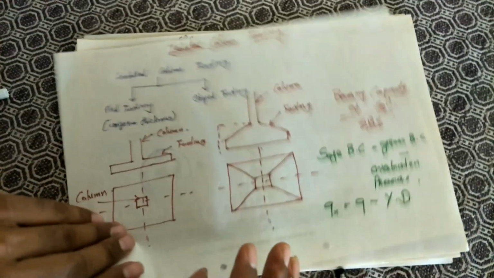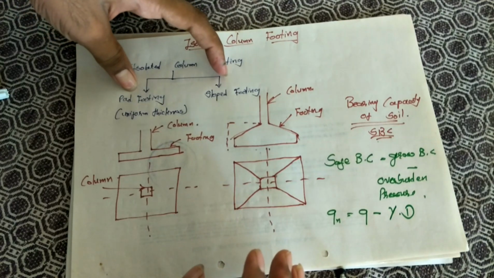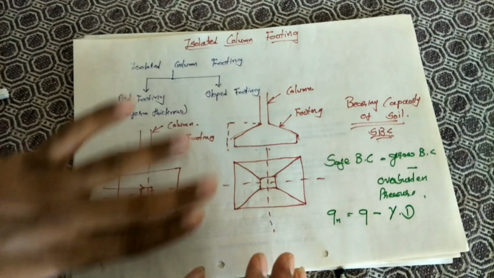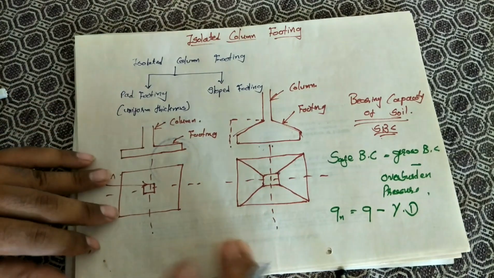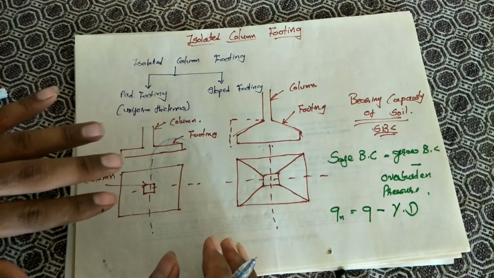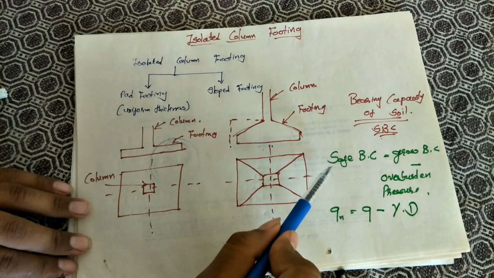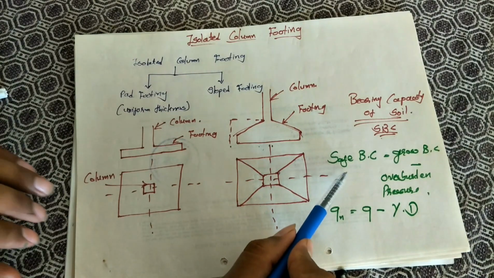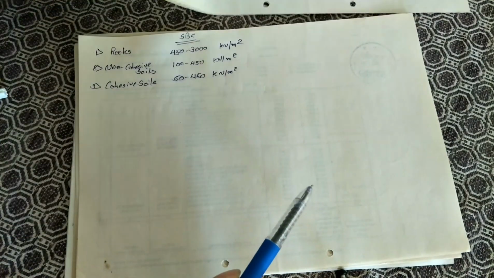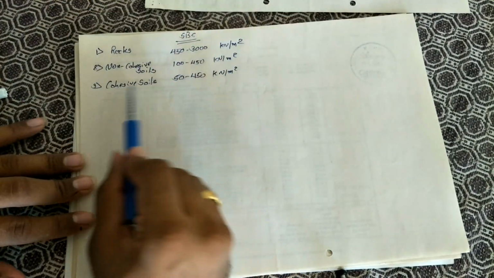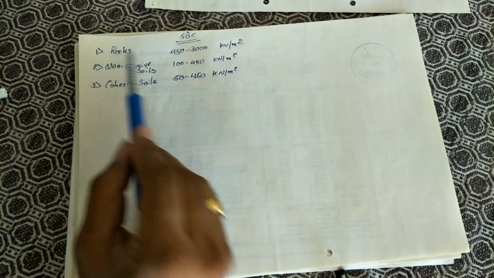So in an isolated column footing, there are two types of footing: pad footing and sloped footing. We can use either of these as per requirement. We have to decide which to use. After deciding, for designing the footing we have to calculate the bearing capacity of the soil, and this is just an example of bearing capacity values for different types of soil or rocks.